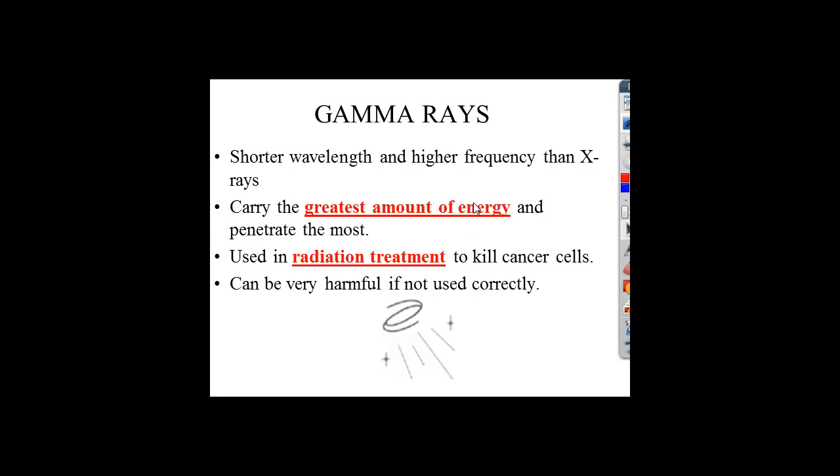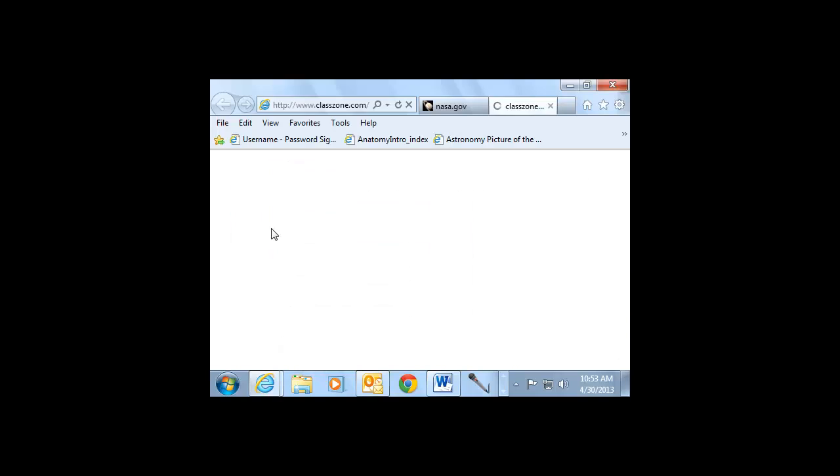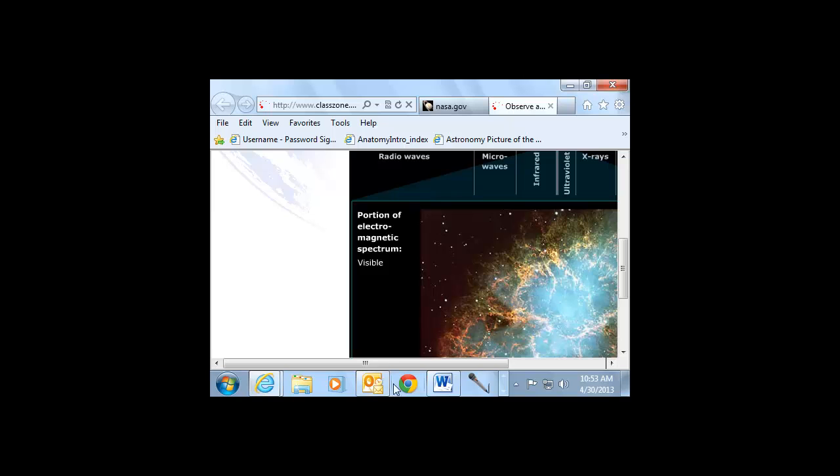So that's gamma radiation. So we can use electromagnetic waves to actually observe different things.